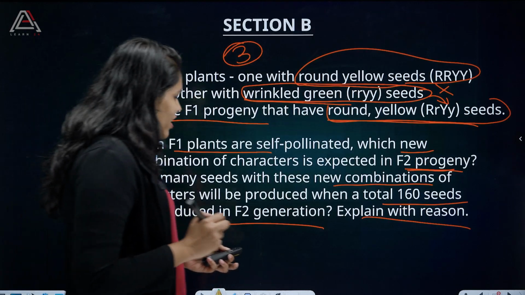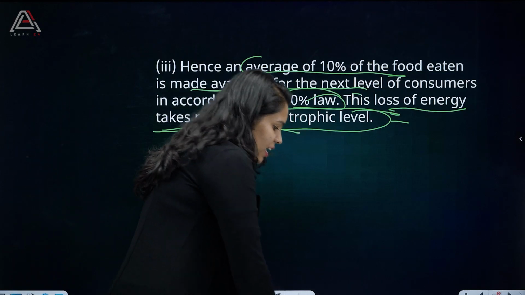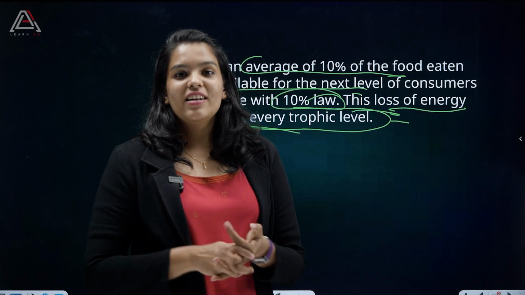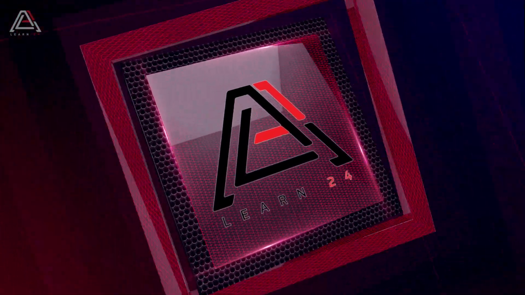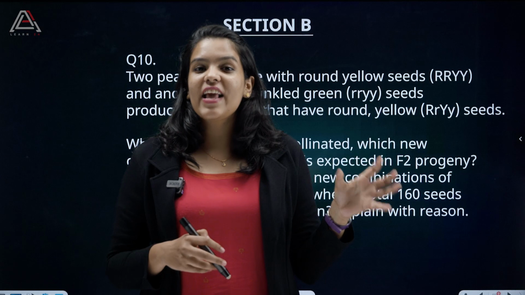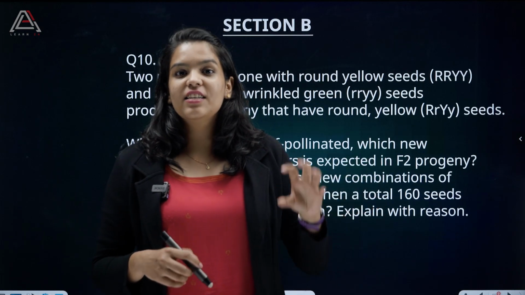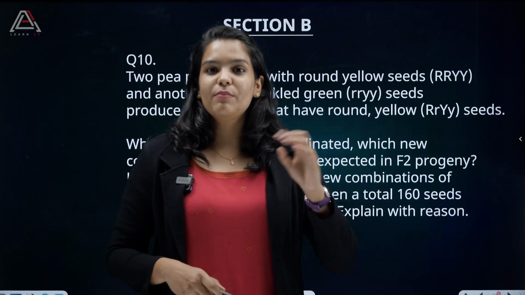So we are done with section A, and I hope you understood each and every question of section A. We have talked about section A of the class 10 term 2 CBSE paper, right?